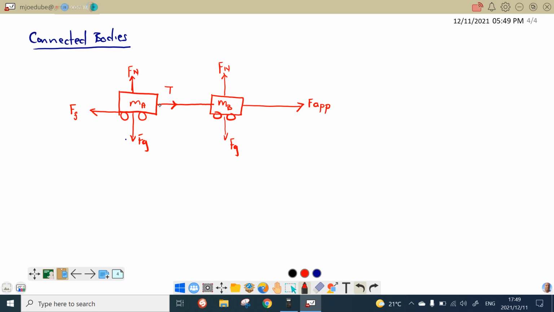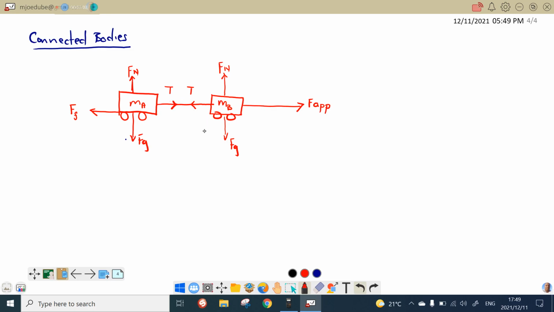So you would call that T. But at the same time, body A pulls back body B, so there is a tension also applied by body A on B, acting in the opposite direction. So you will have T acting in two opposite directions. It's important that you are aware of that.